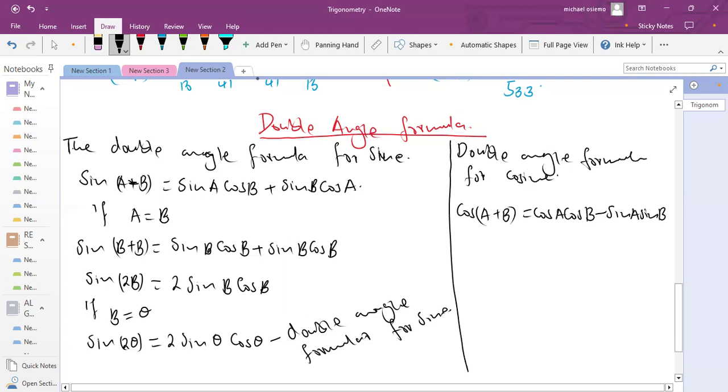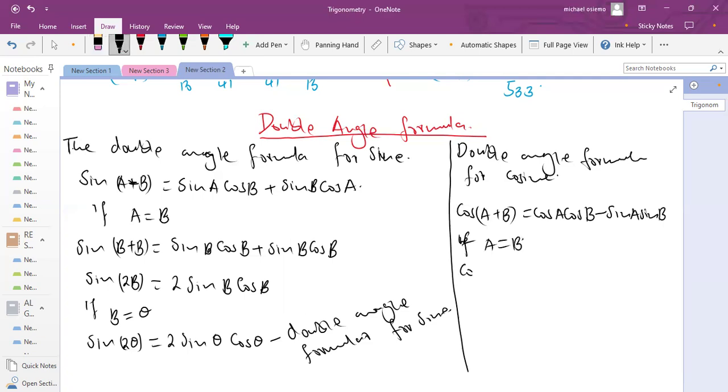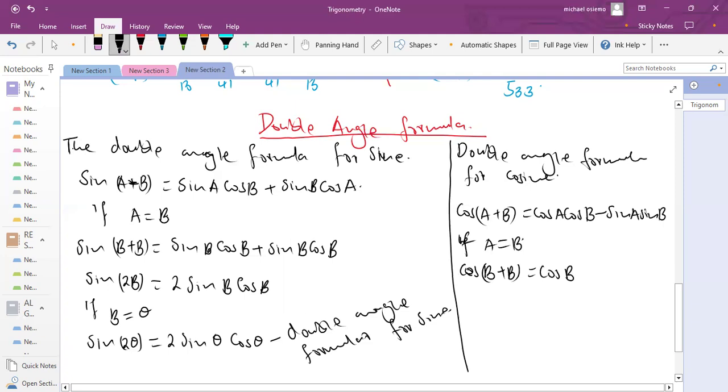From there, we see that if A is equal to B, again you're going to have cos(B plus B) is equal to cos B cos B minus sin B sin B. And so if you put the terms together, you shall have cos 2B is equal to cos squared B minus sin squared B. Okay.